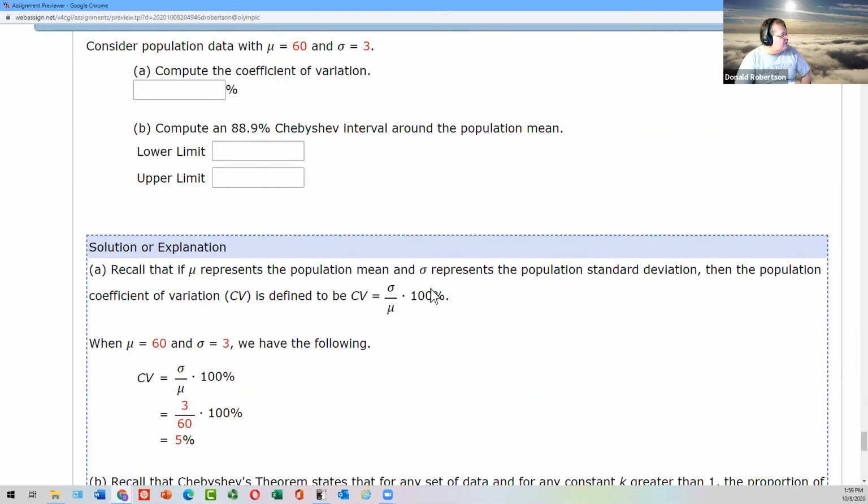How many standard deviations do you need to go from the mean to get 88.9%, which is what this question is? 2 gets you 75. How many gets you 88.9%?